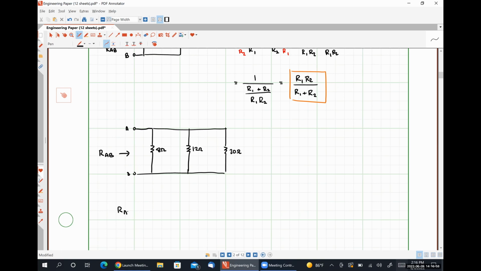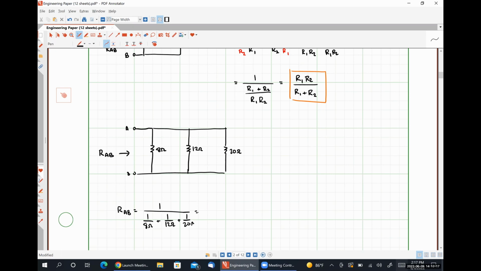We should know right off the bat that we could express RAB simply as 1 over 1 over 8 ohms plus 1 over 12 ohms plus 1 over 20 ohms.